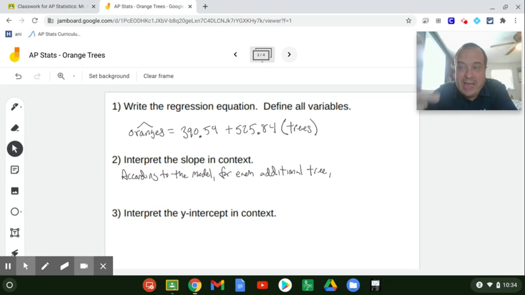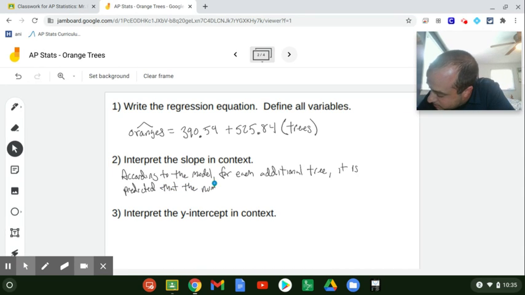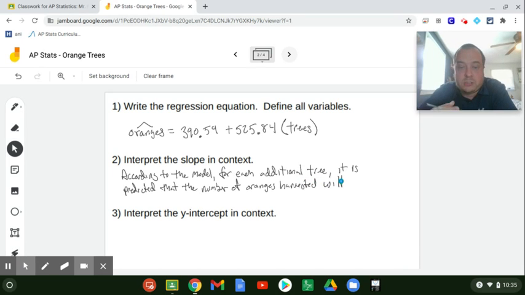So every time we add a tree, right, it is predicted that the number of oranges harvested will, now our slope is positive, so it's going to increase by 525.84.